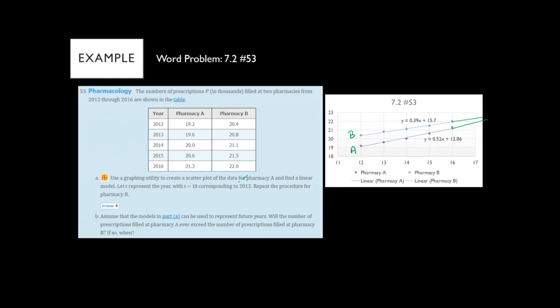Now the question is, if so, when? Well, on my graph, I don't know when that is because I can't see it. It's not on my graph. So we're going to have to go to Desmos and actually type these two equations that I got from Excel into Desmos so we can see when that will be.